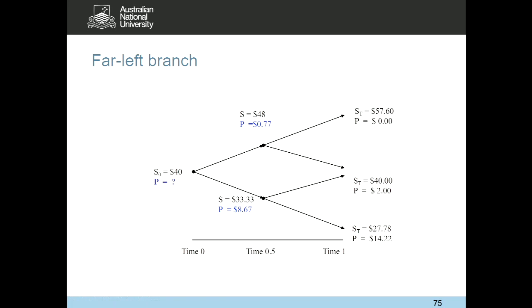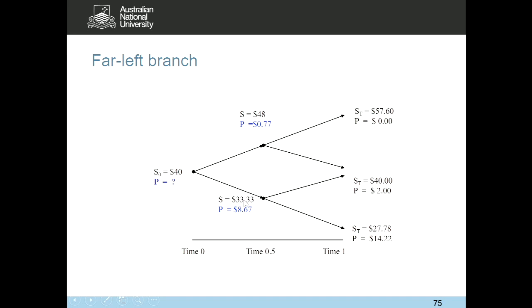So that's precisely what I did. I wrote down $8.67 in this node. Then that leads to the last step, which is to discount everything back to the present. Now we know there's a 59.44% chance the share price will go up. If we go up to $48, the discounted payoff of the put option is 77 cents. Now, there is a 40.56% chance the share price will go down.